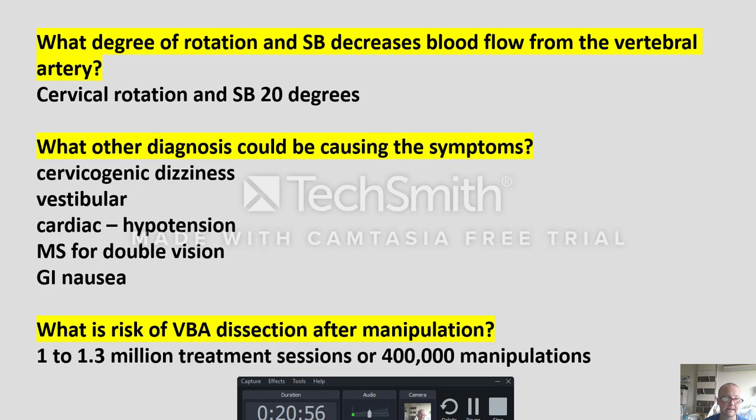Cervicogenic dizziness, vestibular, cardiac hypotension, MS for double vision, and GI for nausea. What is the risk of vertebral basilar artery dissection after manipulation? 1 to 1.3 million treatment sessions, or 400,000 manipulations.